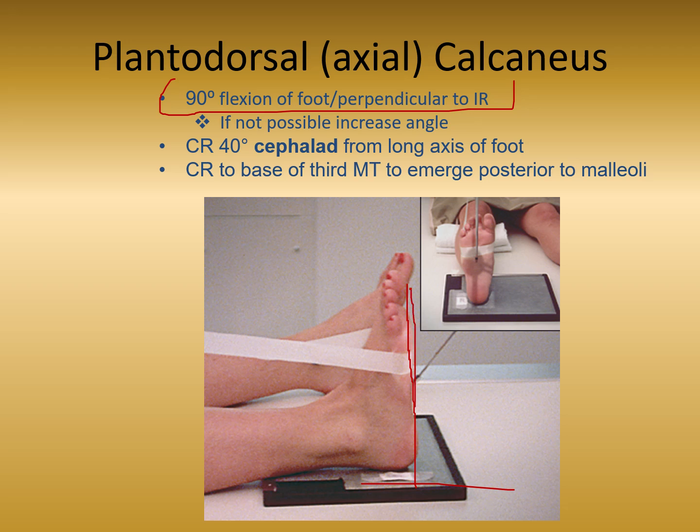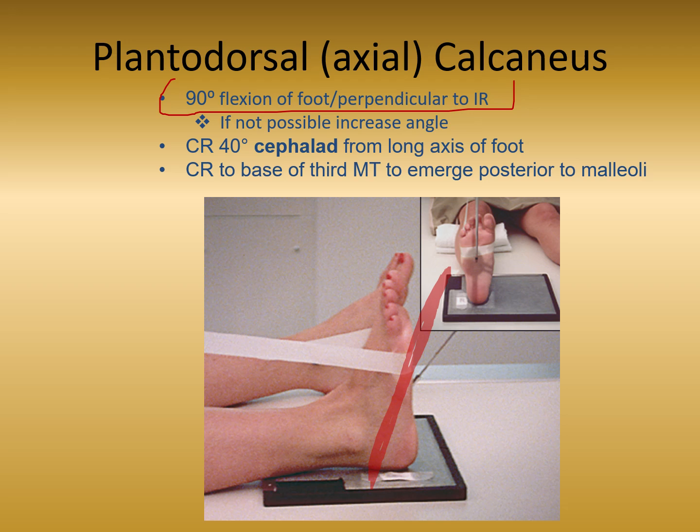We could say the plantar surface is perpendicular to the IR as well. If the patient is unable to dorsiflex their foot enough, and instead of their toes pointing straight up, maybe their foot's like this, now what do we have to do?